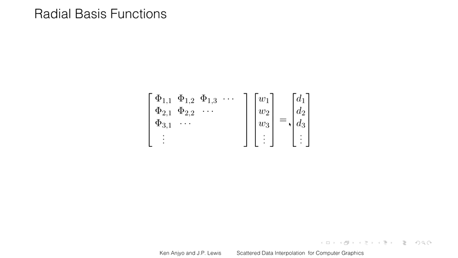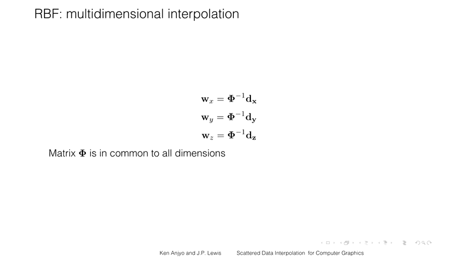Now, if you're doing this in 3D, for example, this D1 would be the X component of your vertex. You would also have one for the Y and one for the Z. You would have 3 sets of weights, but one thing to notice is that this matrix is the same in all 3 cases. So if you want, you can invert that just once and then apply it to the different dimensions. Okay.